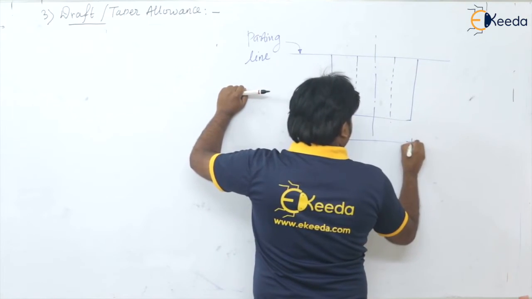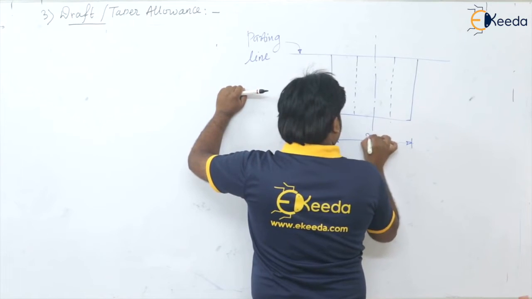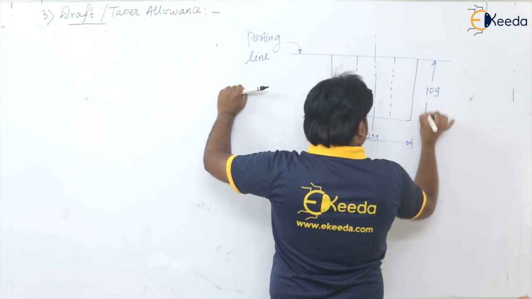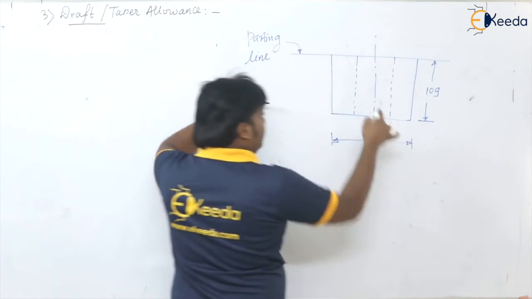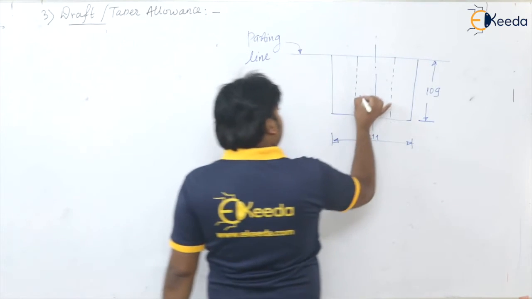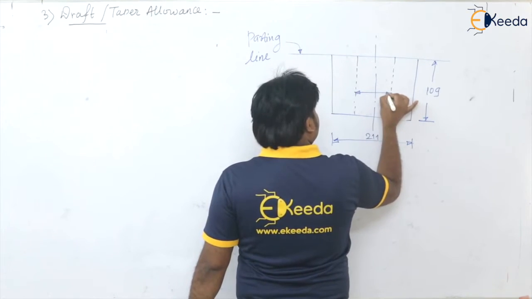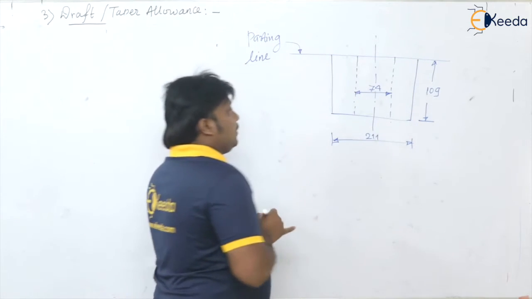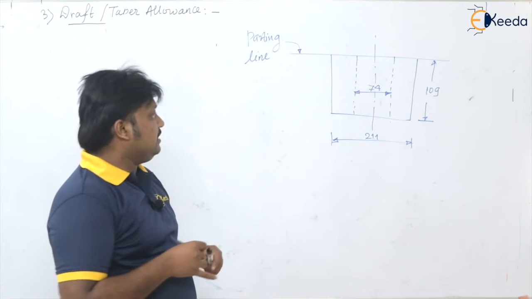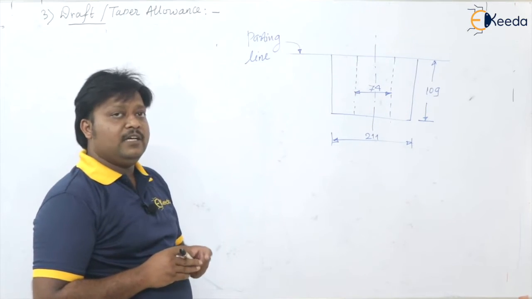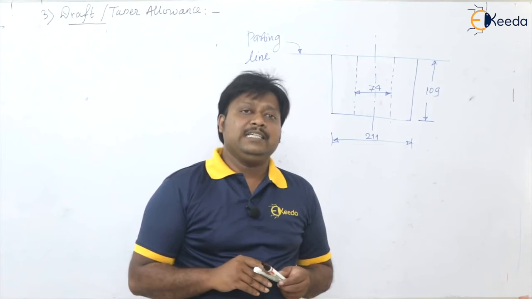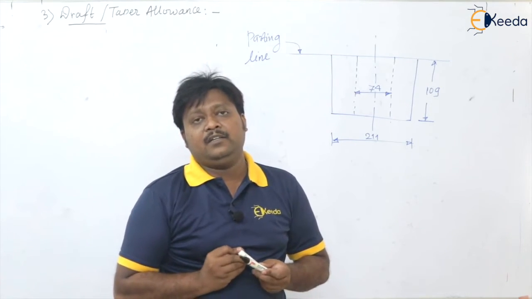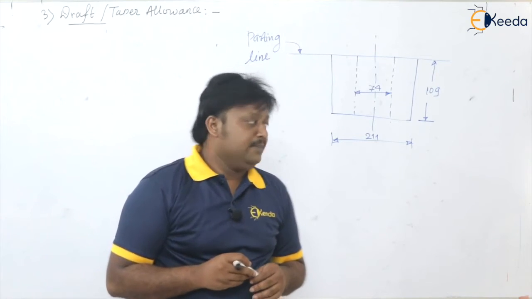This length was 211 and this height was 109. Width I am not taking, and this phi is 74 millimeter. Here we are going to provide the taper allowance, and after the taper allowance, we need to determine the final dimensions of the pattern.